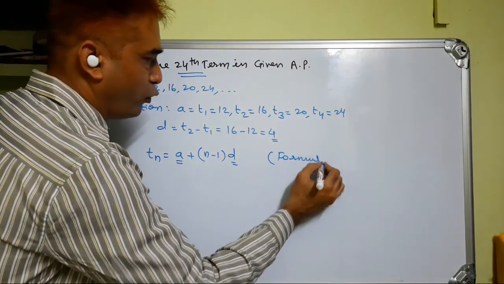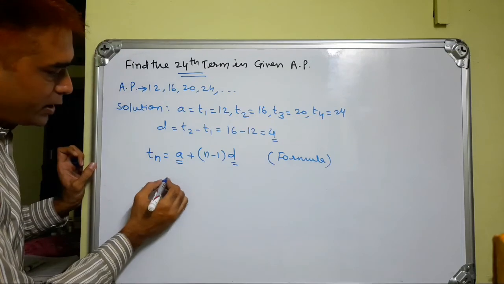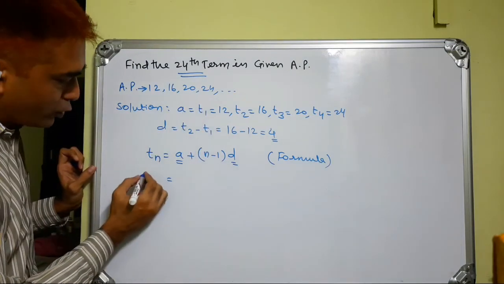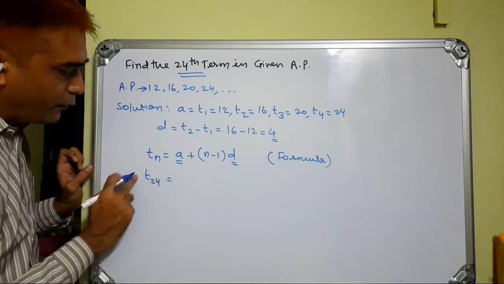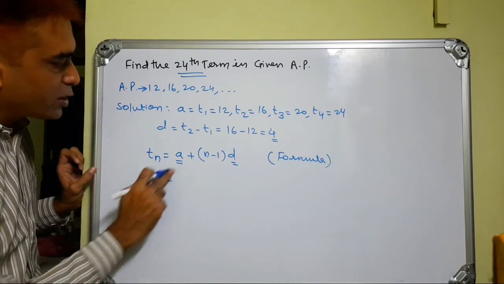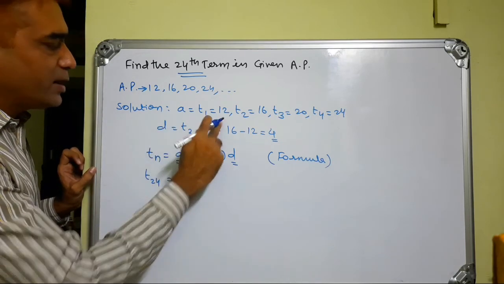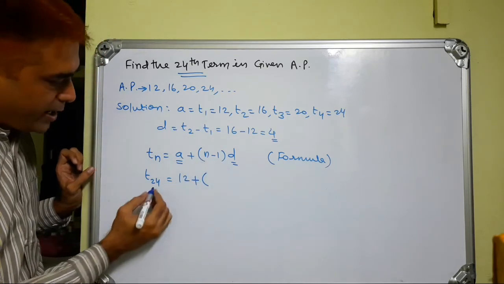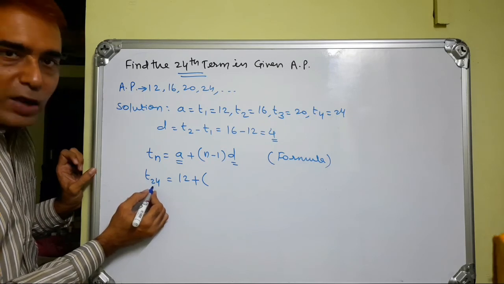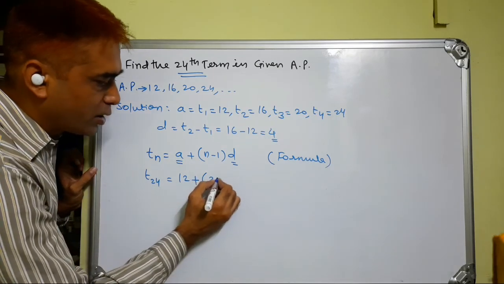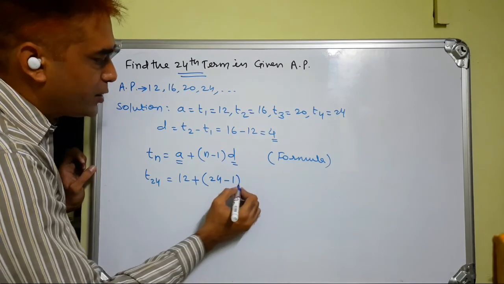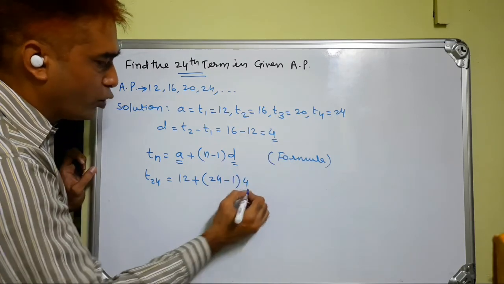So this is the formula. Now we have to find T24, the 24th term. A is T1, which is 12, plus n minus 1. n means which term we are finding, the 24th term, so n will be 24 minus 1 into d, and d is 4.